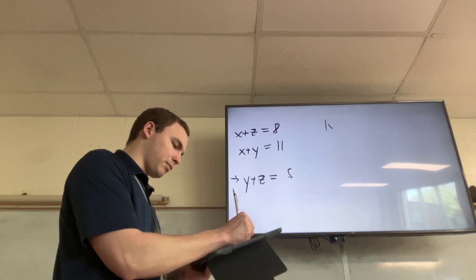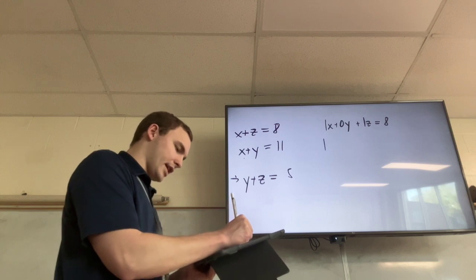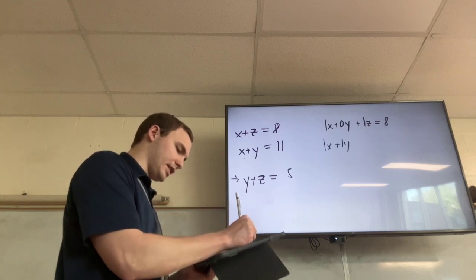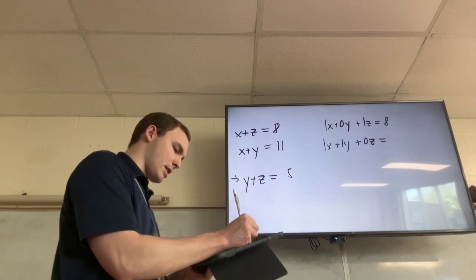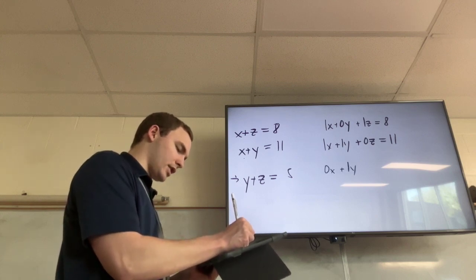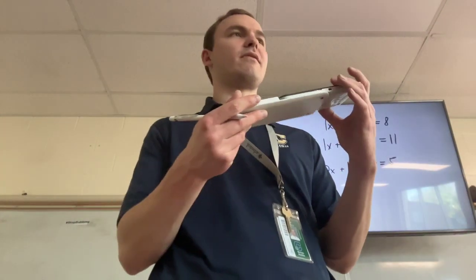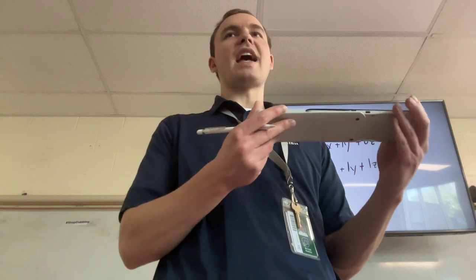So we have 1x plus 0y plus 1z equals 8, 1x plus 1y plus 0z equals 11, and 0x plus 1y plus 1z equals 5. Put that in your calculator, using your matrices. I like to use Gauss-Jordan.